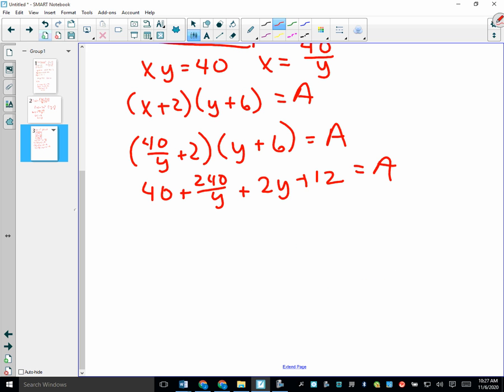Now what should I do? Take the derivative and set it equal to 0.